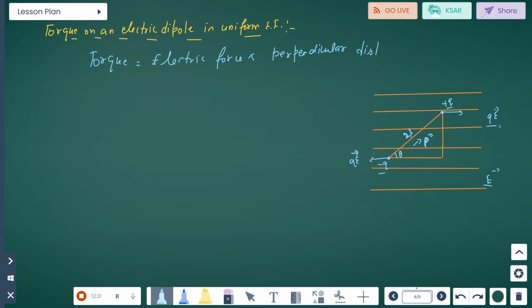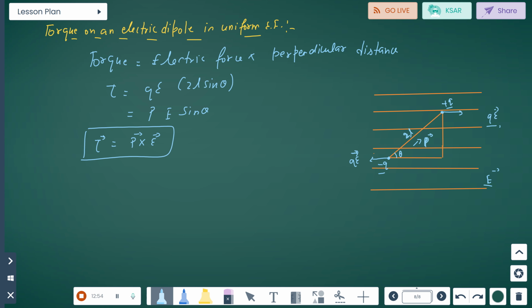Torque represented by tau is QE into 2L sin theta, where 2L sin theta is the perpendicular distance. So QE into 2L is P, which gives PE sin theta. Therefore tau is equal to P cross E.